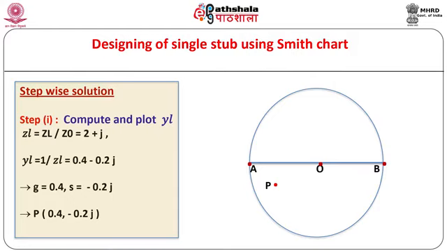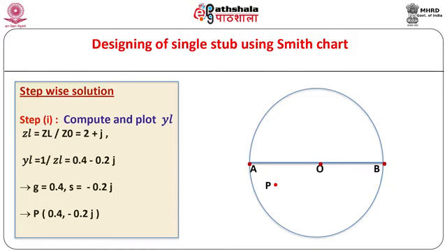Step number 1. Compute and plot the normalized load admittance yL on the Smith chart. It be remembered that while using Smith chart for calculations involving admittances, constant R circles become constant G circles, while constant X circles become constant S circles.